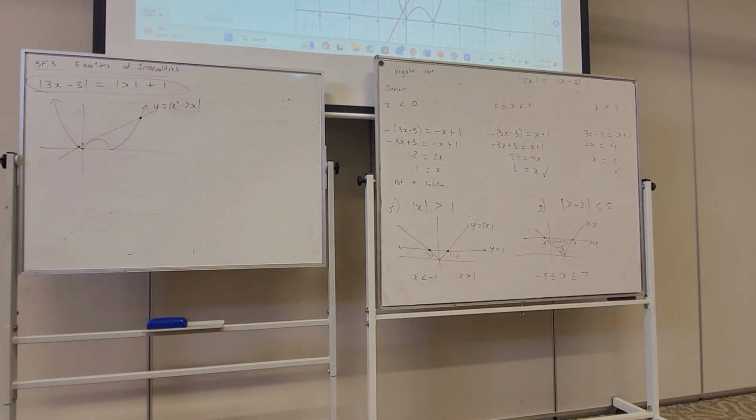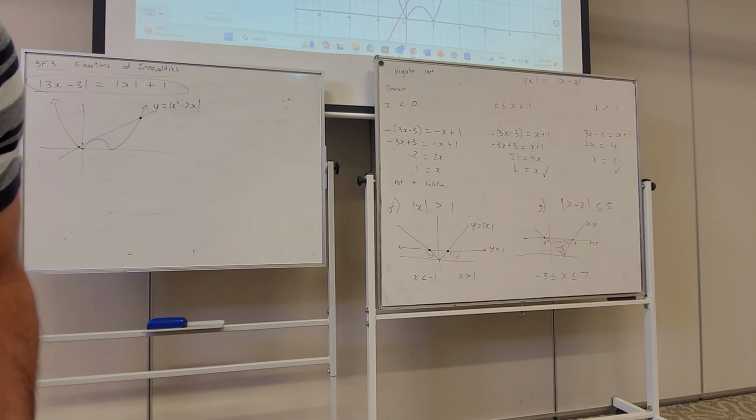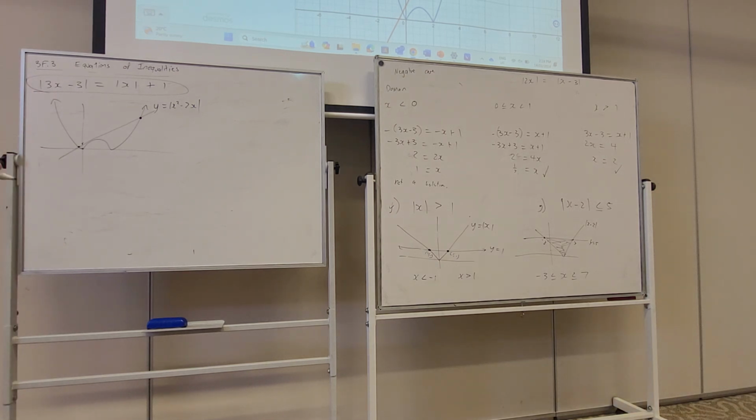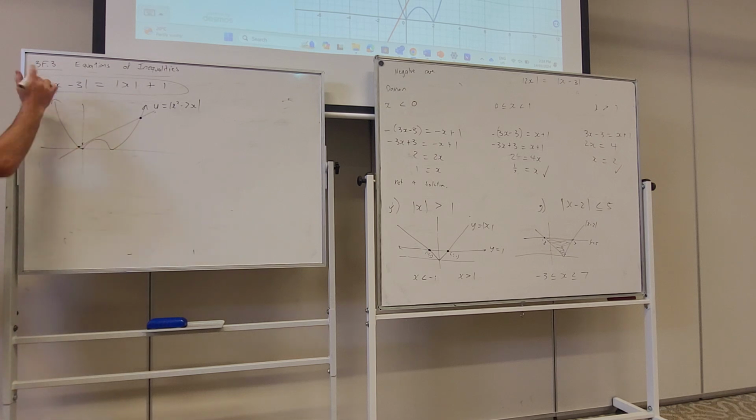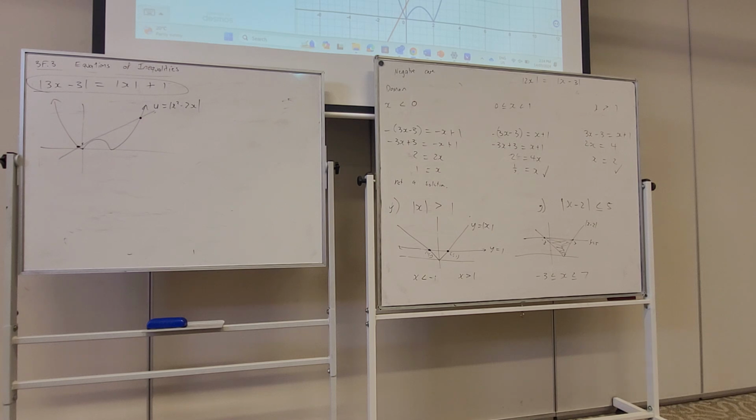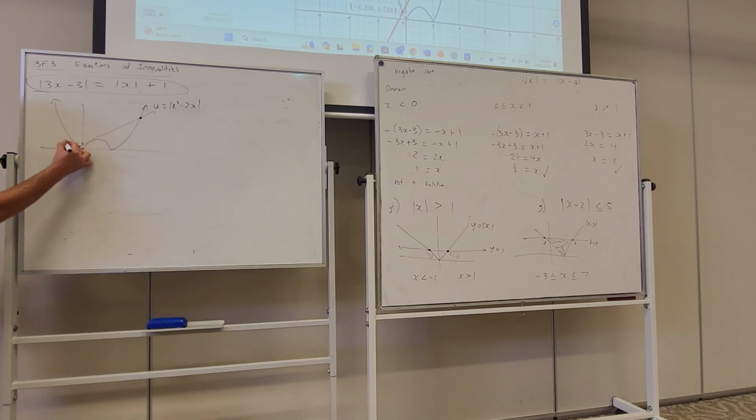And the question is, when is the modulus of the quadratic larger than the line? So the quadratic is this curve, and it's going to be larger than the line for values of x less than this one. And what's that value of x? We'll just solve, it's going to be an irrational solution. We've got minus 0.236, that's the x value where they meet here.